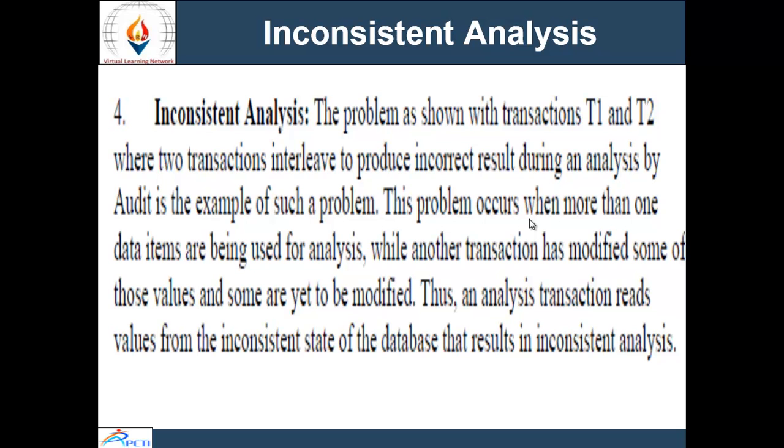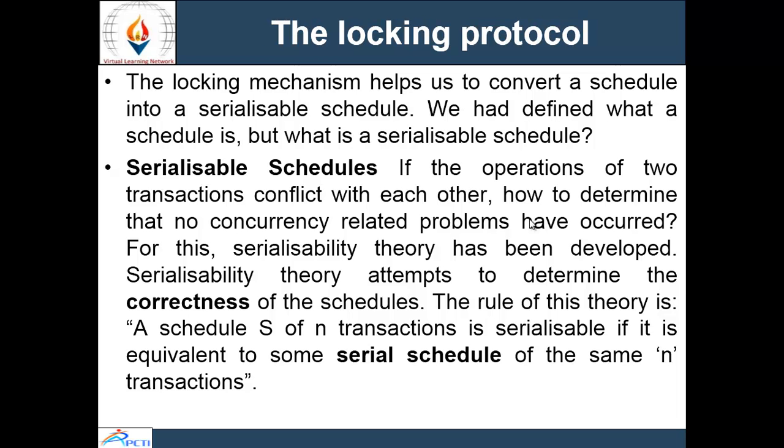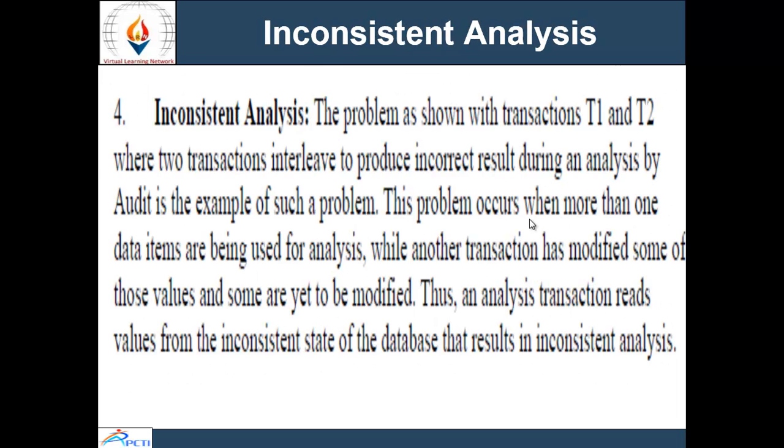This problem occurs when more than one data item is being used for analysis, while another transaction has modified some of the values and some are yet to be modified. These are the problems of concurrency.